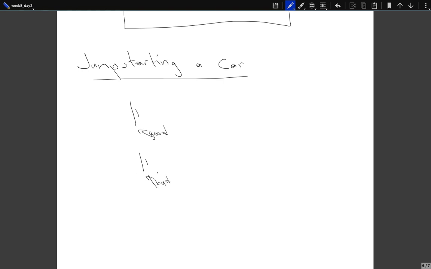You just connect the positive terminals together and the negative terminals together. And then here is your car. And you just hope that the good battery provides enough current to your car so that it will start.